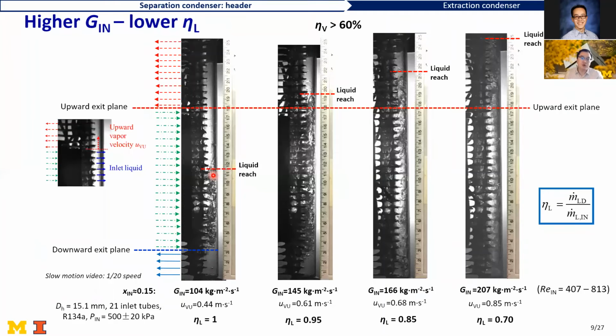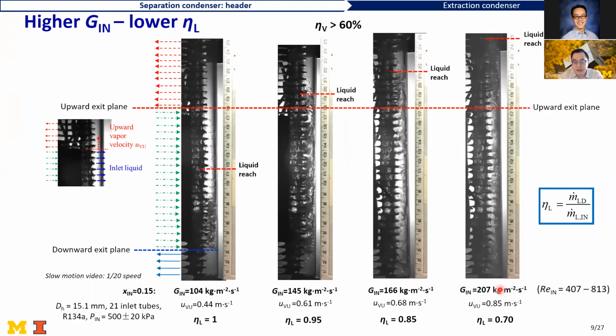So just to show you one example of the parametric study that we did, this slide shows the effect of the inlet mass flux. We can see that from the left to the right at a constant inlet quality, the mass flux coming in becomes higher and higher, so more vapor is coming in.